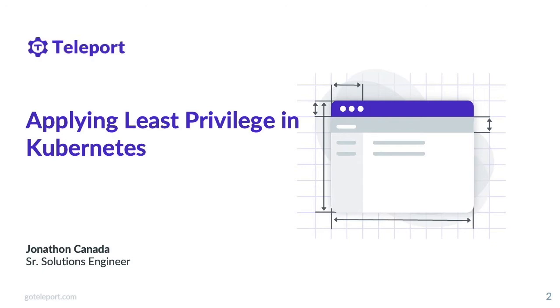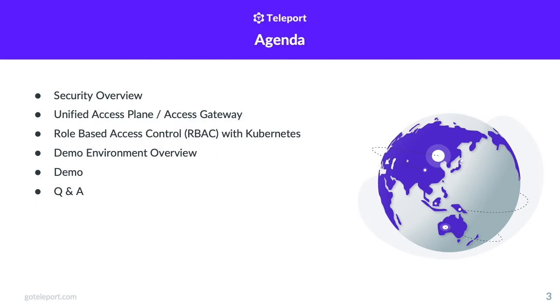As I get into it, first let me talk about the agenda for today's session. I'll start with a high-level overview of security, discussing attack surfaces, security architecture, and zero trust concepts. I'll then move into speaking about using a unified access plane, also known as an access gateway, for accessing infrastructure.